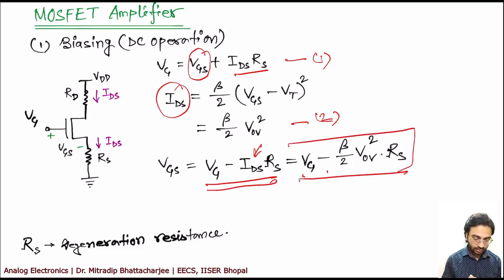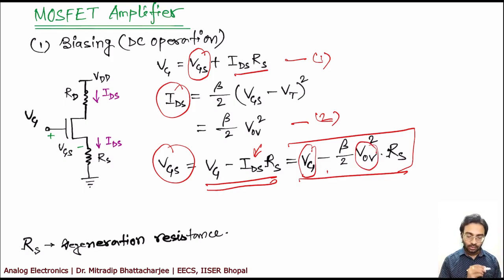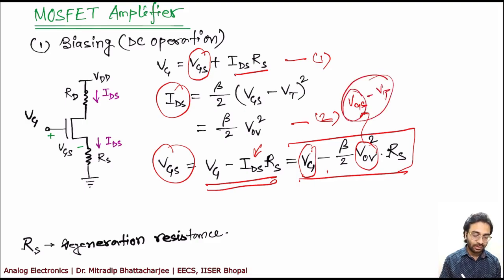This is your VGS value. Now in order to fix VGS value, we have two options. For a given RS, you need to fix VG and VOV. However, VOV is nothing but VGS minus VT. So if you fix VOV, your VGS is fixed, right?